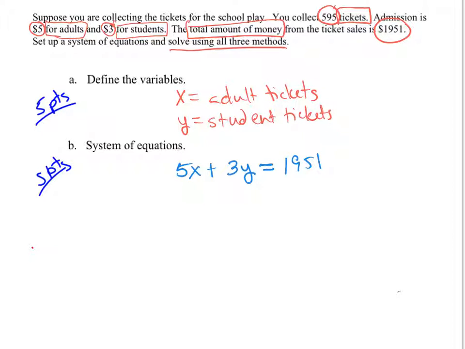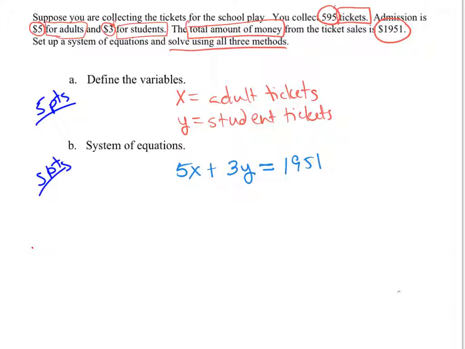That's our first equation. Now the second equation is what we call our totals equation. This is where you have 595 total tickets. So you're going to have an amount of adults and an amount of students. So when you set that up, how do you find a total? Hopefully you know that the total means that you would add those two things up.